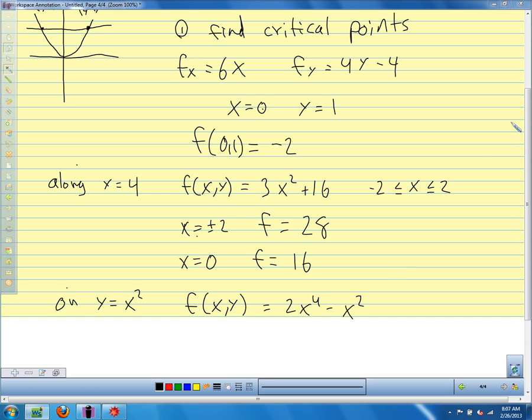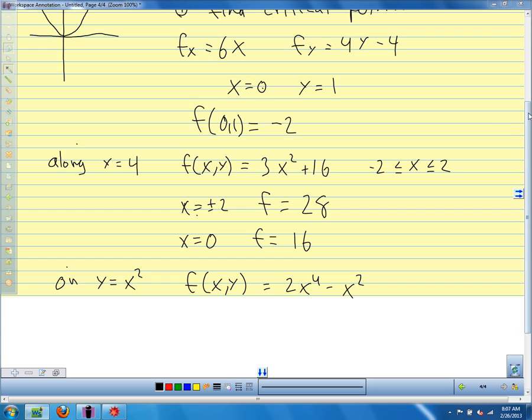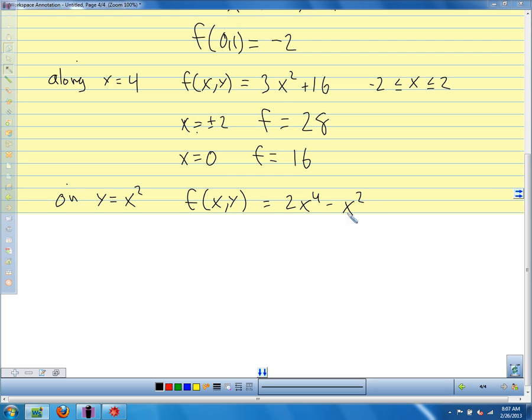And for this one, we'll do the first derivative test on the function along that boundary. So f prime is 8x to the 3rd minus 2x. And I'm going to factor that as 2x times (4x squared minus 1).